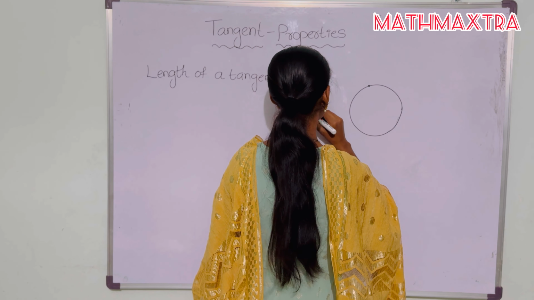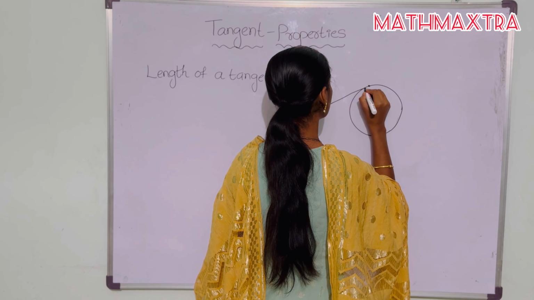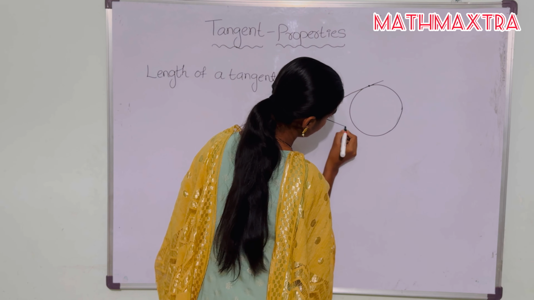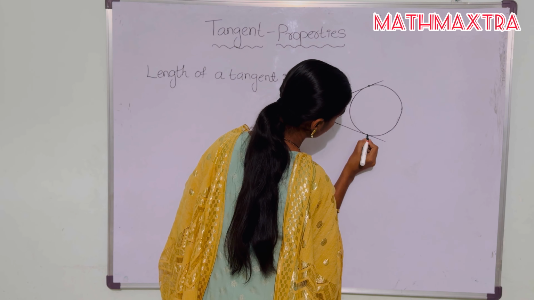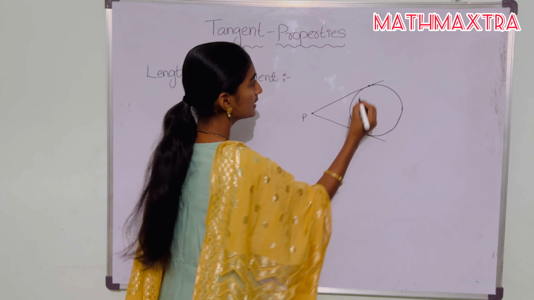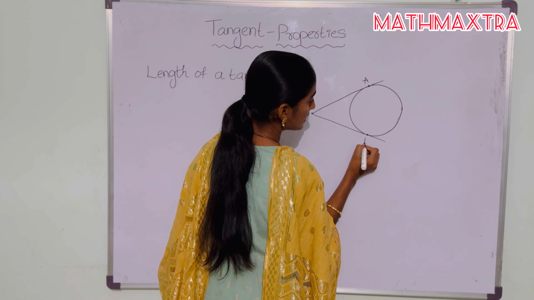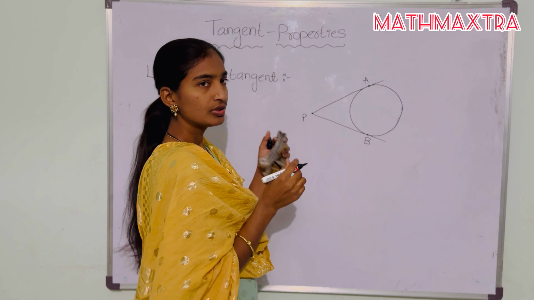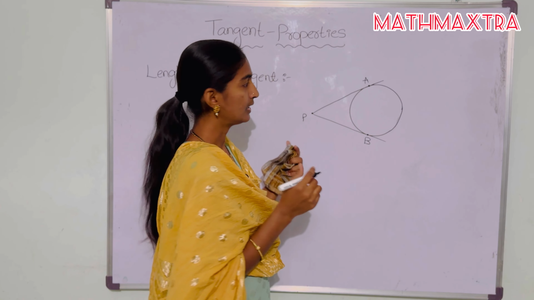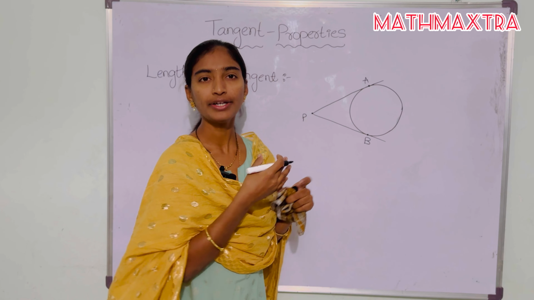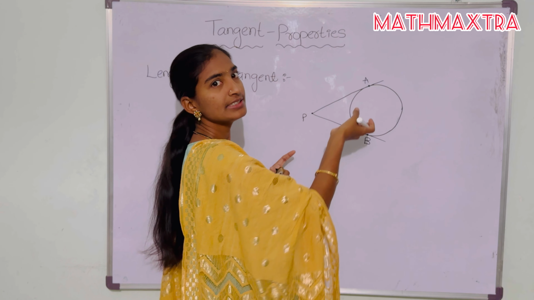See, I am drawing 2 tangents. Yes, these are the 2 tangents, and this is the point of contact A and this is the point of contact B. So how to define the length of a tangent? The distance between the point of contact and the point through which the tangent is drawn.